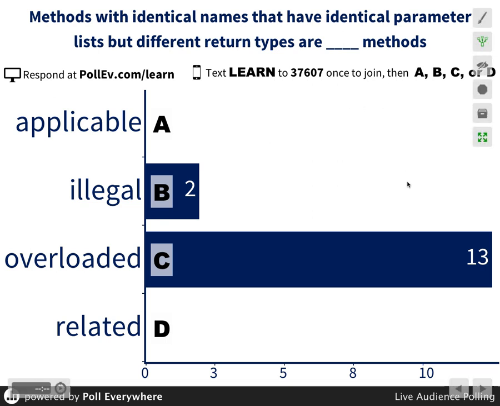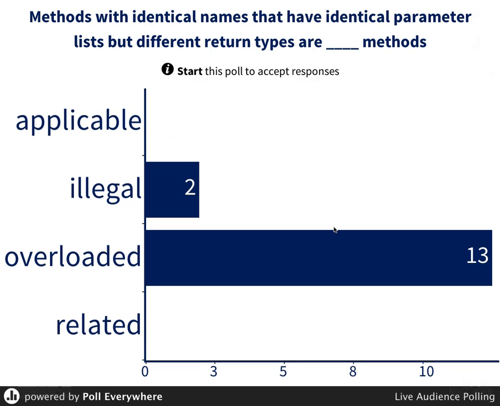Okay, I'll stop this one, and we'll go on to the next one. So the answer is illegal, B. So everyone who said overloaded, you guys are wrong. And this is not a trick question. The way it works is it's like this. If it's identical names that have identical parameter lists, remember, and we're going to learn about this today in terms of overloading.